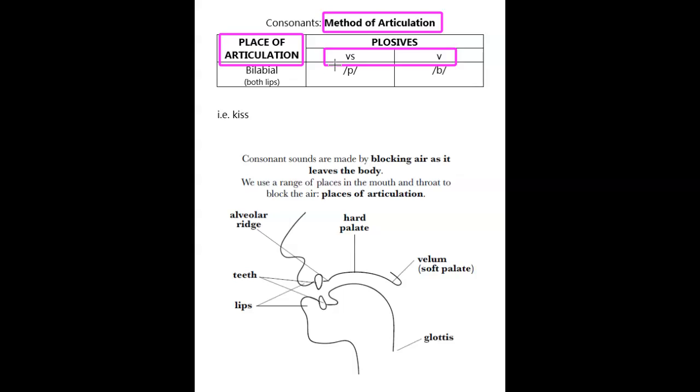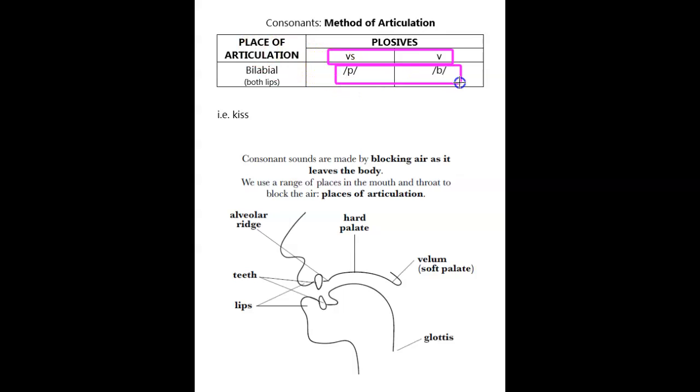Okay, let's go back to the voicing for one moment. Voicing has two items, voiced and voiceless. When you have voiced and voiceless using the same place of articulation and the same method of articulation, which is the plosive, these will become cognate pairs.